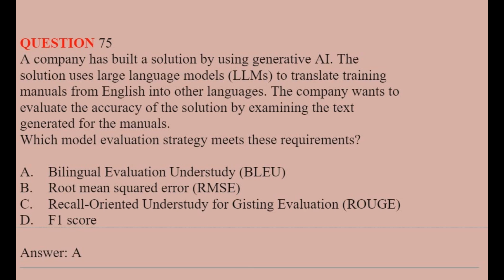Option A, bilingual evaluation understudy BLEU. Option B, root mean squared error RMSE. Option C, recall oriented understudy for gisting evaluation ROUGE. Option D, F1 score. Correct answer is option A.